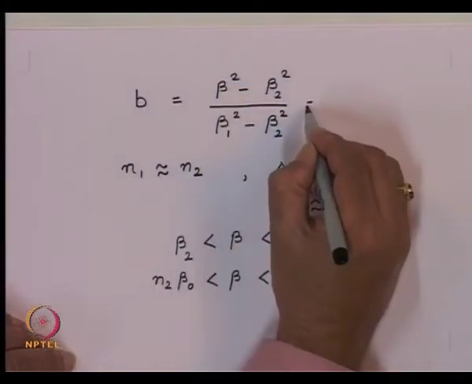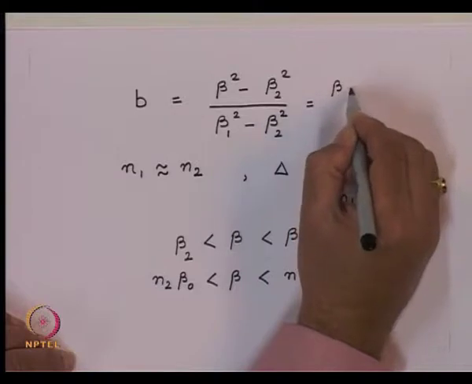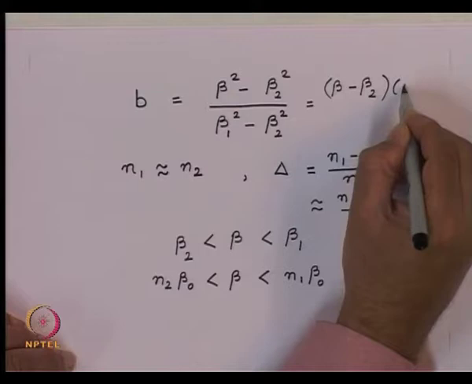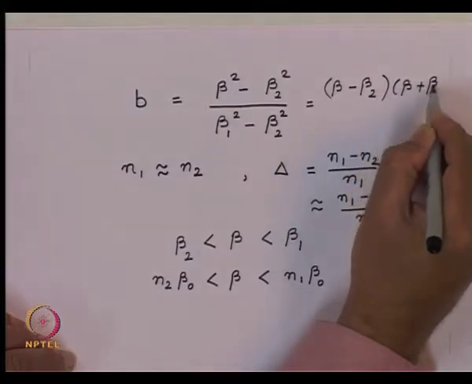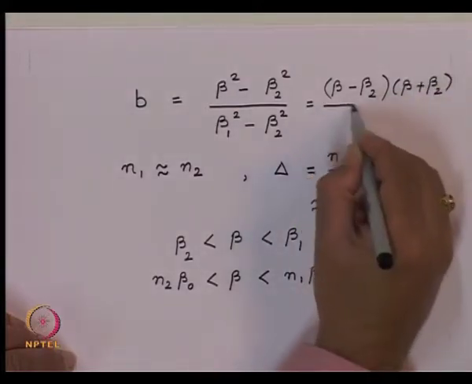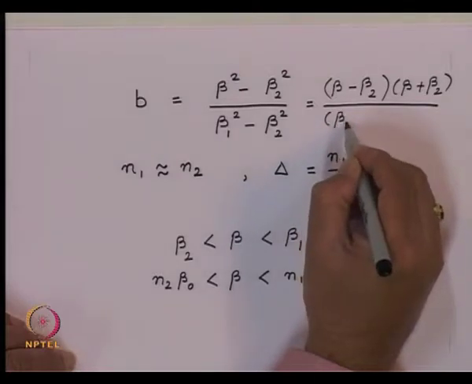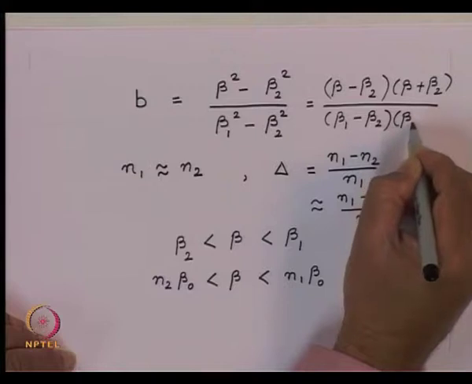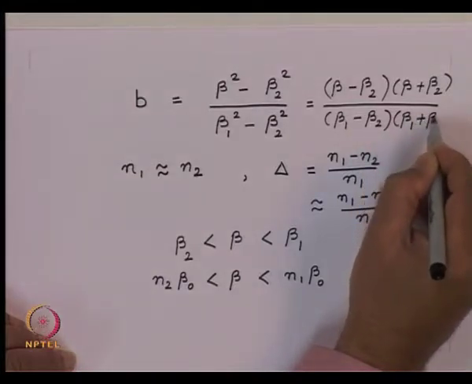So if I factorize these two, we can write this as beta minus beta 2 times beta plus beta 2, divided by beta 1 minus beta 2 and beta 1 plus beta 2.